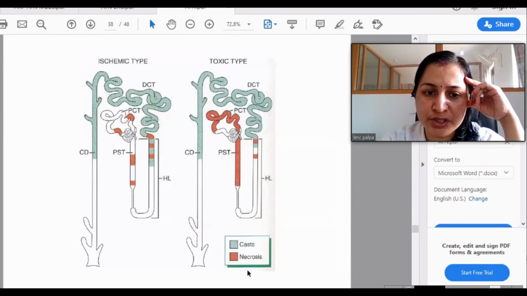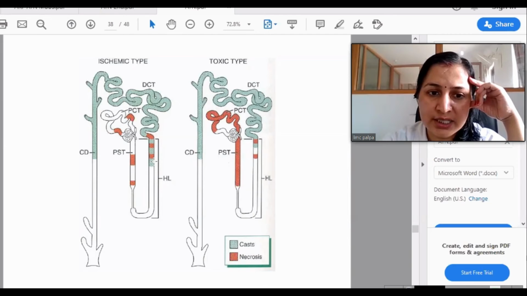Now see this picture. This is also from Robbins, and you can understand which part is involved in the ischemic type and which part is involved in the toxic type. In the toxic type, there is mostly involvement of the proximal convoluted tubule, while in the ischemic type you see the ascending limb, with some portion of the proximal convoluted tubule, involved.